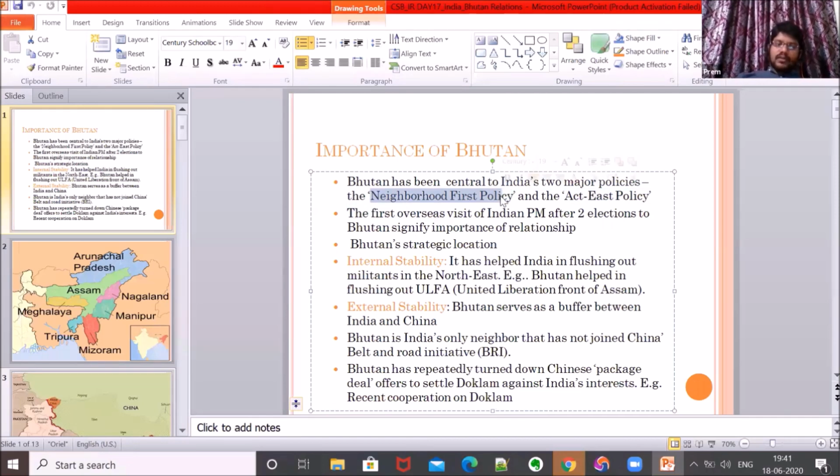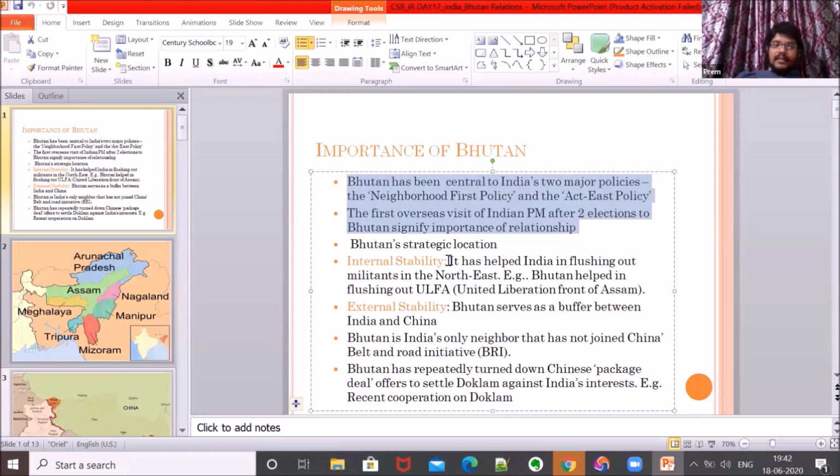You all know, in 2014, when he was elected, the first overseas visit Modi made was to Bhutan. And again in 2019, when he was elected, he visited Bhutan as the first nation. This is the first time it happened, and this explains how important Bhutan is and how much importance India is giving to neighborhood policy. So that is why the Bhutan relationship is very important.